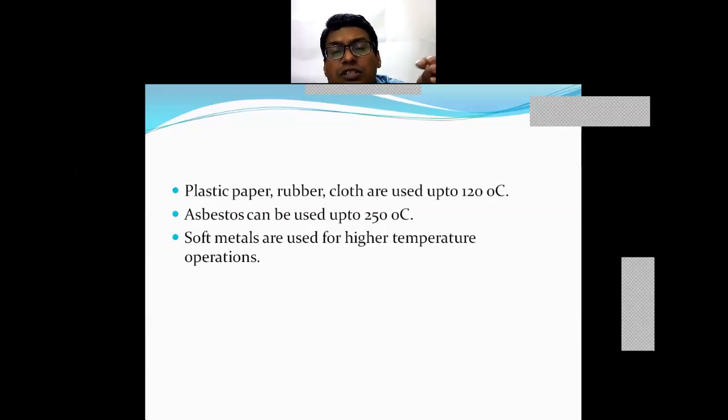So asbestos can be used up to 250 degrees Celsius. And above that, one has to select specially designed metals, or specially designed soft metal gaskets.